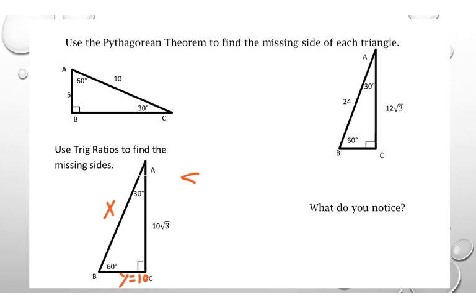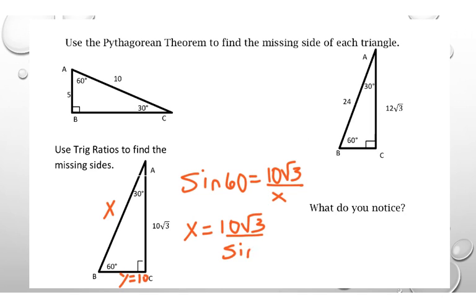We can say sine 60 is equal to opposite over hypotenuse. And so then again, thinking about proportions, it's going to end up being x is equal to 10 square root 3 divided by sine 60. And so you're going to put that in your calculator, and you'll find out that we actually have the same thing as what we did the other way. It doesn't matter, x is equal to 20.